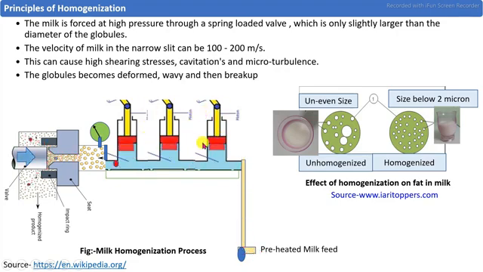By using two or more positive displacement pumps like the reciprocating pump, the milk is fed under pressure into the homogenizer. Before feeding, the milk is first preheated, then passed into the reciprocating pump and fed at high velocity into the pressure homogenizer.